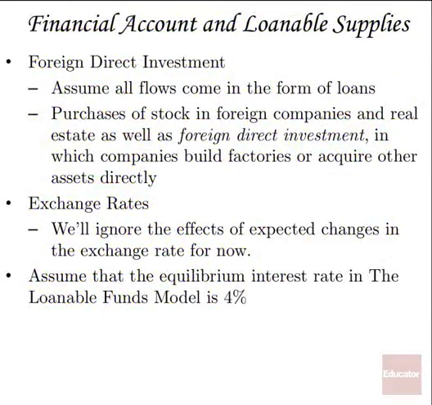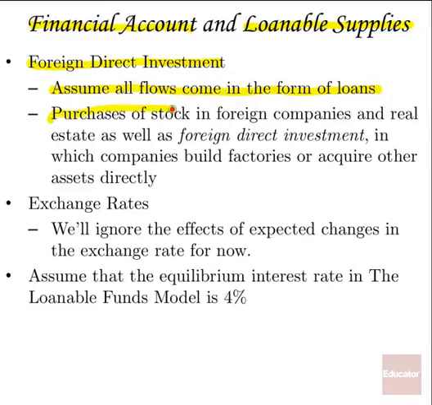So let's tie together the financial account here and revisit the loanable funds graph. There's something called foreign direct investment. There's the idea that foreign direct investment can come in, but let's just assume the following, that all flows come in the form of loans.